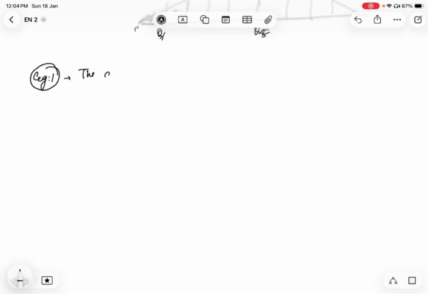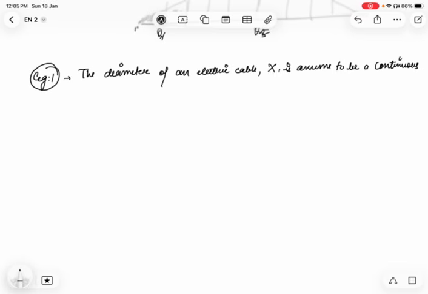Suppose the diameter of an electric cable, say X, is assumed to be a continuous random variable with PDF, the PDF is given here: 6x(1 minus x). And here is a range.